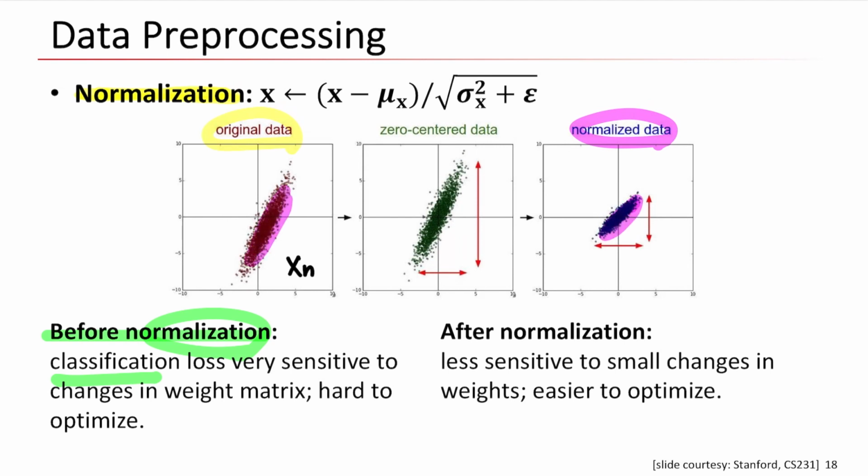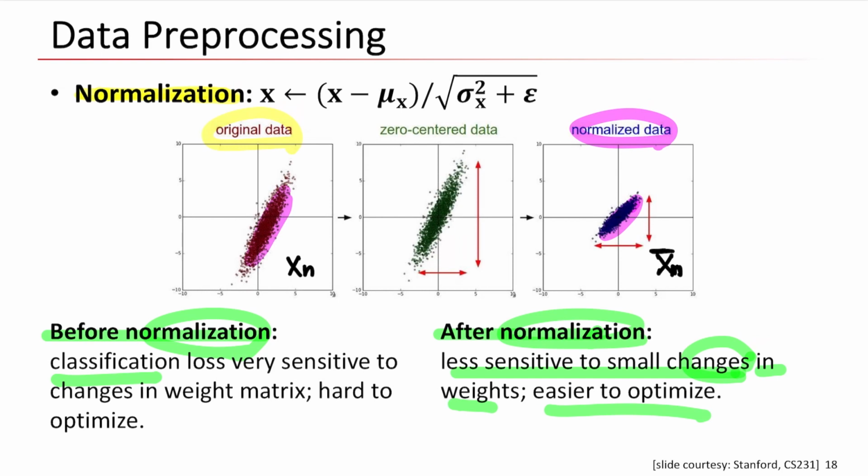So comparing this one, let's say this is the x bar, right? In this case, it has zero mean with unit standard deviation, right? After normalization, it is less sensitive to small changes in the weights and easier to optimize.